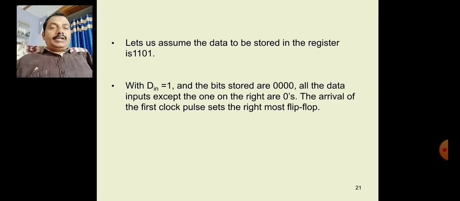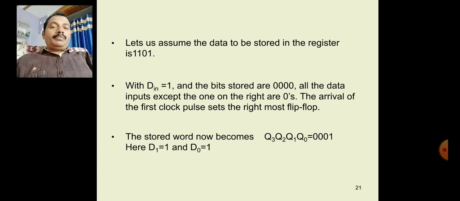Let us assume the data to be stored in the register is 1101, and the bits stored are all zeros initially. Let us consider all the data inputs except the one on the right are zeros. The arrival of the first clock pulse sets the rightmost flip-flop.